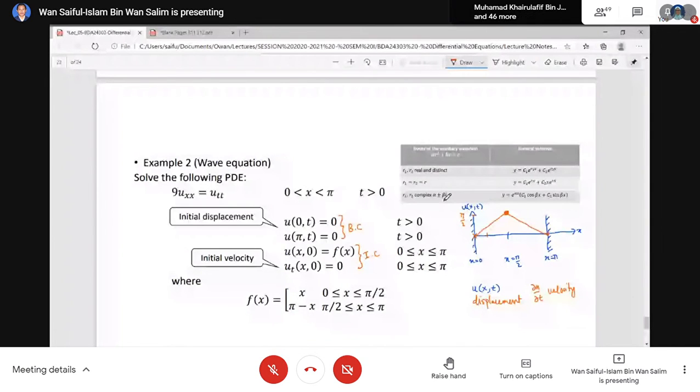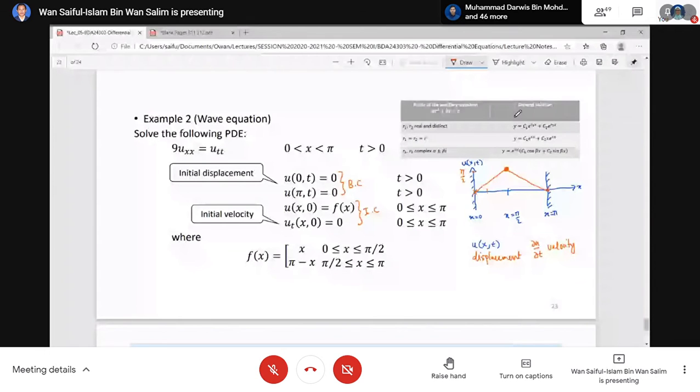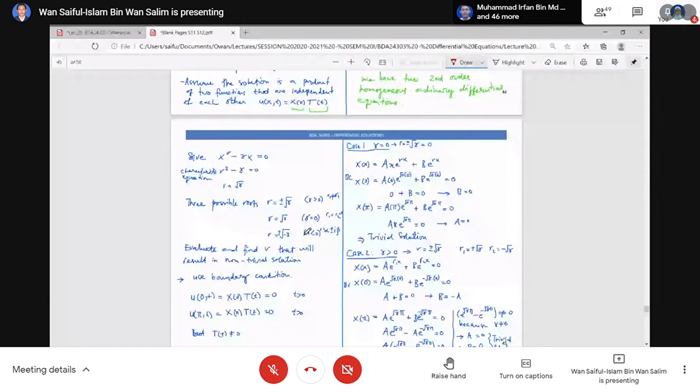So we need to evaluate which gamma will give roots that eventually give a non-trivial solution, meaning a solution that is meaningful. If it's not meaningful, then we don't look at that, it's not important.